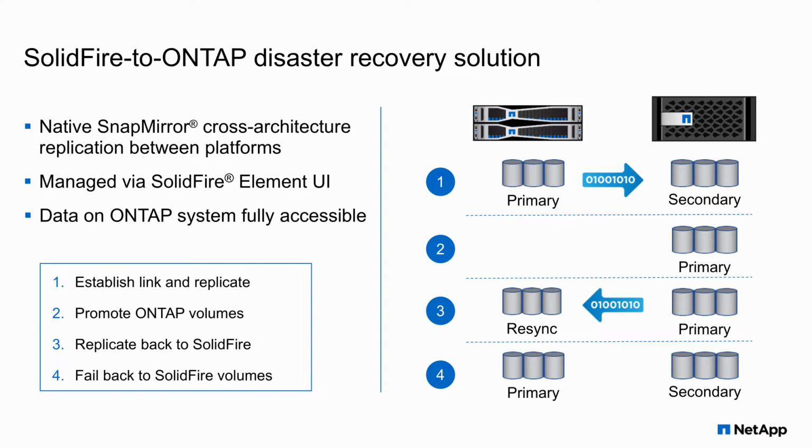So you can write new data over there. When the issue's been mitigated back on the SolidFire side, you can resync those changes back to SolidFire, resume primary workloads on SolidFire, and then restore your initial protection and replication relationship, so you're once again protecting data from HCI onto ONTAP. So that's your classic DR workflow.